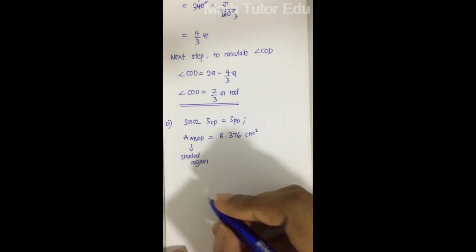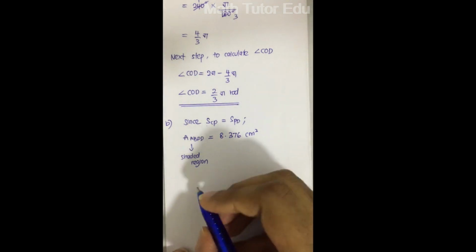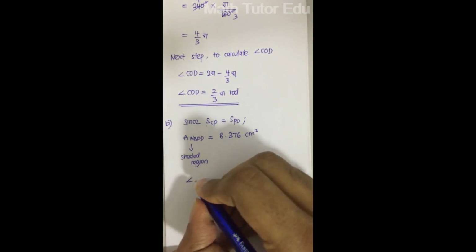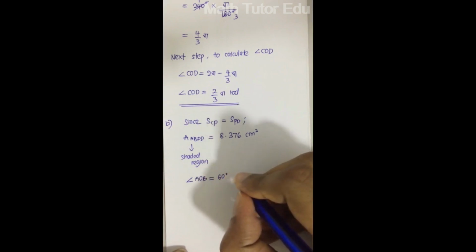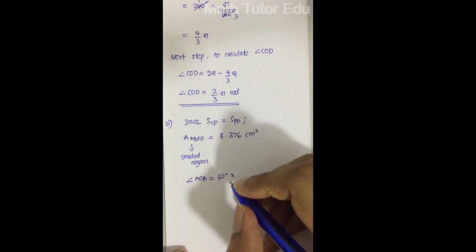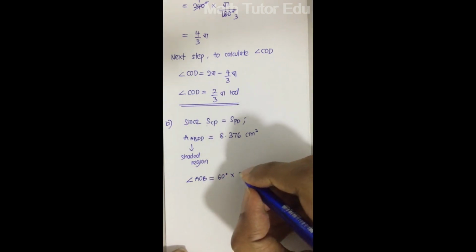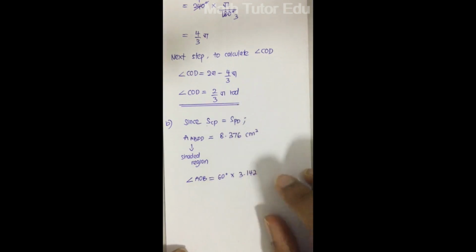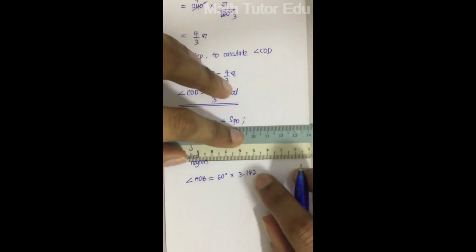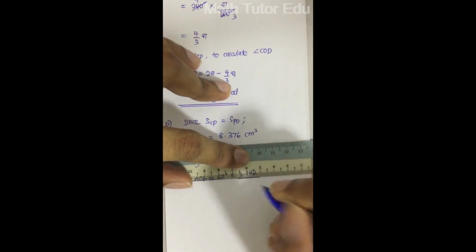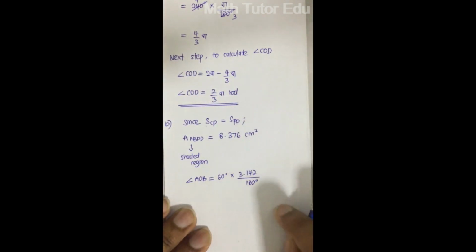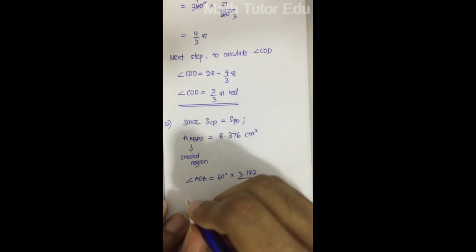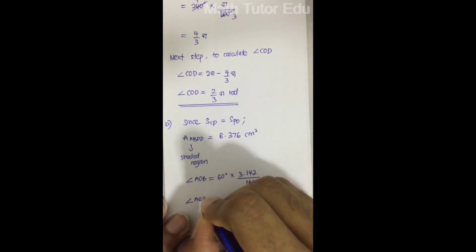So from here, try to get as much information as possible. Angle AOB equals 60 degrees times, in this case, we're going to use 3.142, the exact value of pi, divided by 180 degrees. You calculate this, and from here you get your angle AOB.